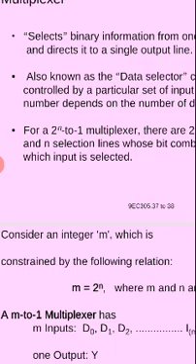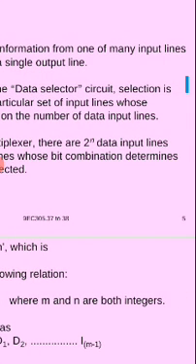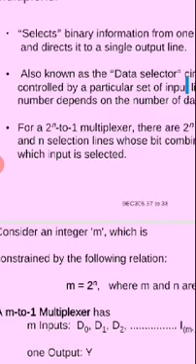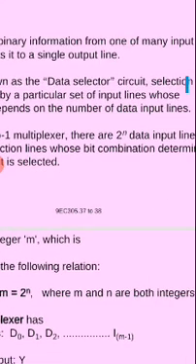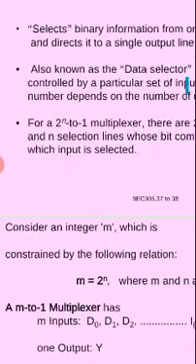For a 2 power n to 1 multiplexer, there are 2 power n data input lines and n selection lines whose bit combination determines which input is selected.